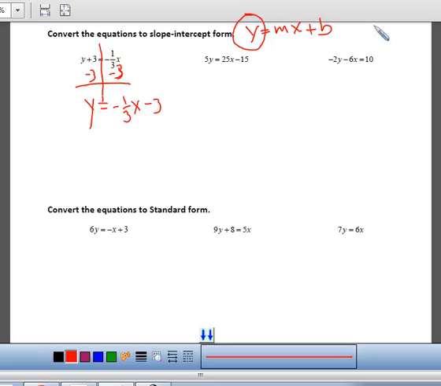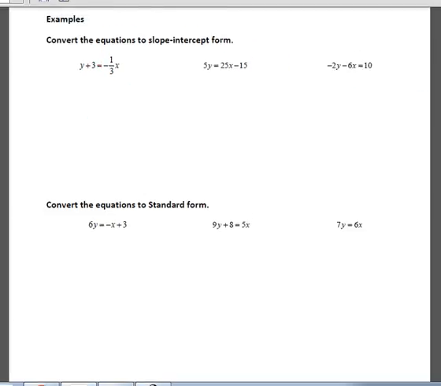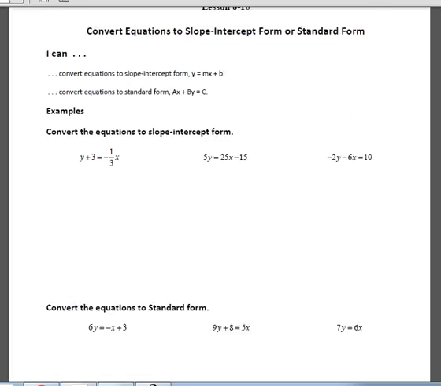You know what? I just remembered something. Let's go back up to the top, because I want you to write down something very important.